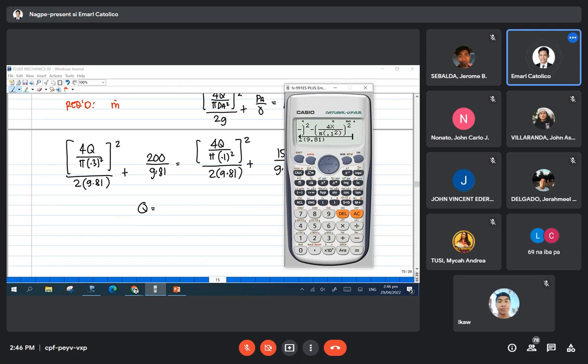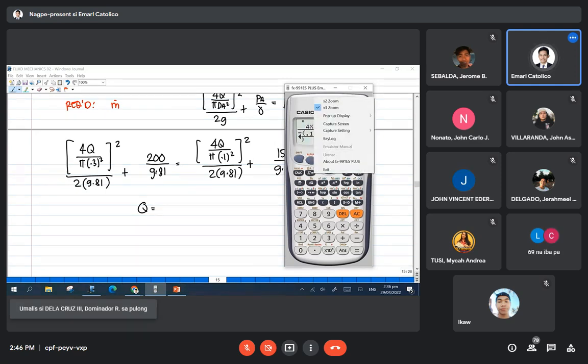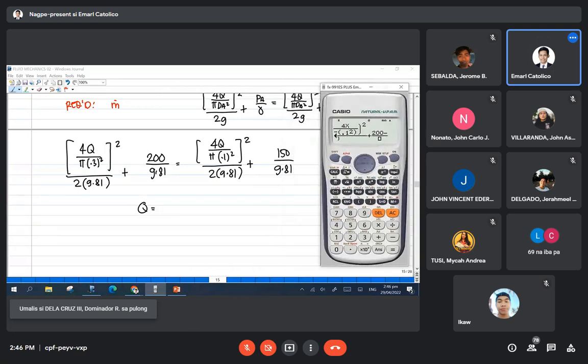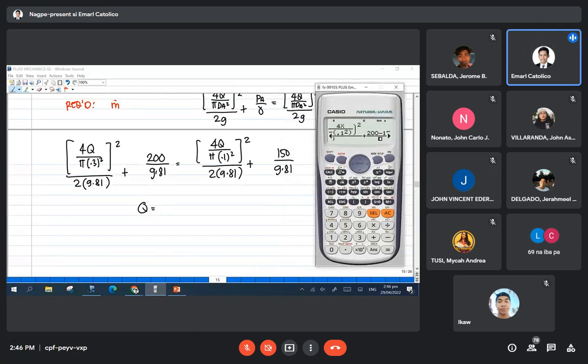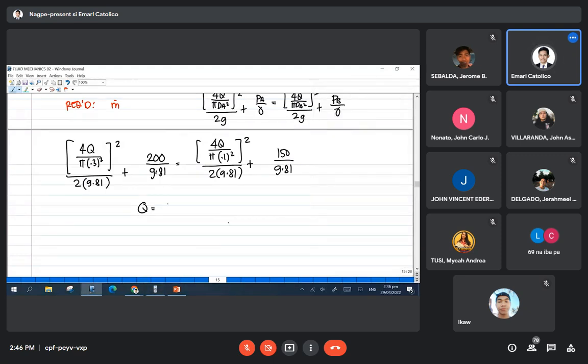Ayun. Then plus 200 minus 150 over 9.81. So shift solve. Okay. So ang Q natin is 0.079. Unit natin dito ay cubic meters per second.